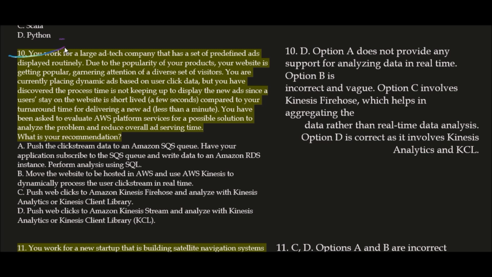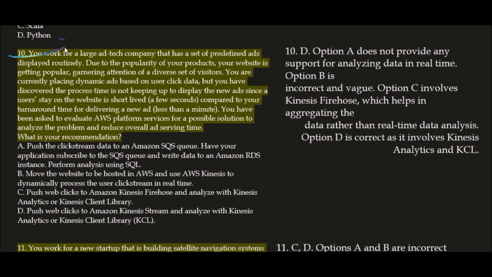Okay. Option A, push the clickstream data to an Amazon SQS queue. Have your application subscribe to the SQS queue and write data to an Amazon RDS instance and perform analysis using SQL. Options B, C, D are also given here.